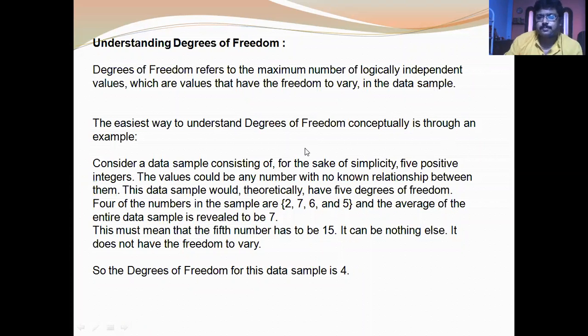Now look, degrees of freedom refers to the maximum number of logically independent values, which are values that have the freedom to vary in the data sample.